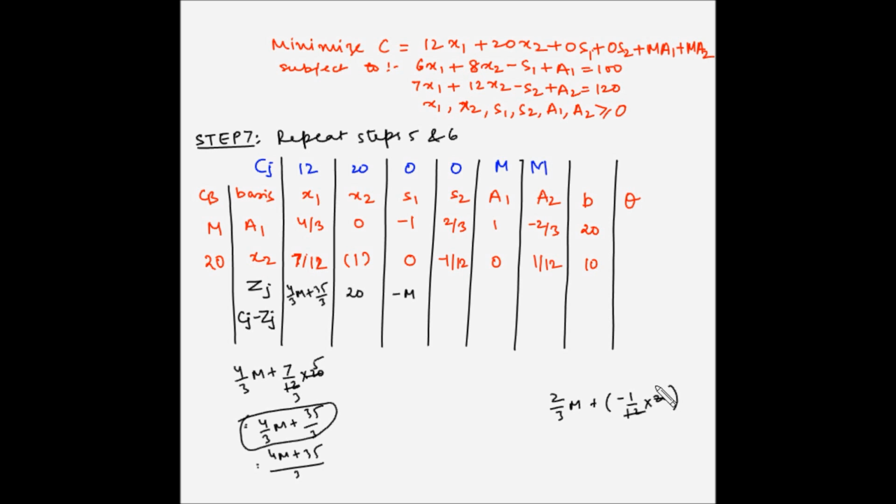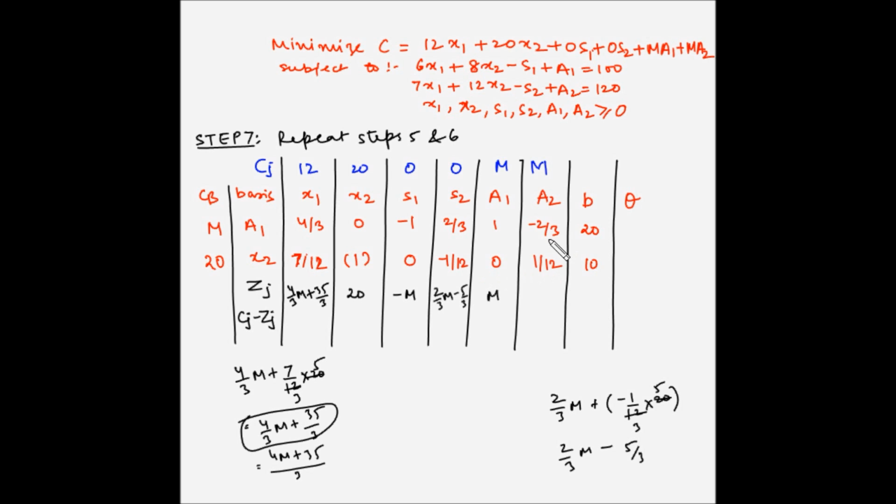So 4 5s are 20, 4 3s are 12, 2 by 3m plus minus minus 5 by 3. So this becomes 2 by 3m minus 5 by 3. For a1, 1 into m, so m, and 0 into 20 is 0.